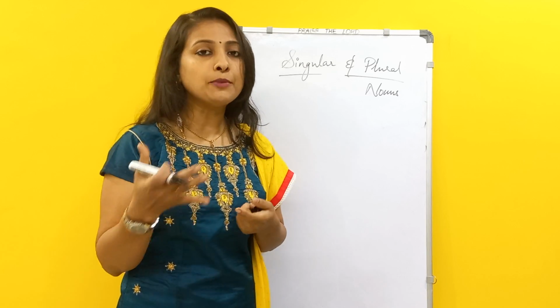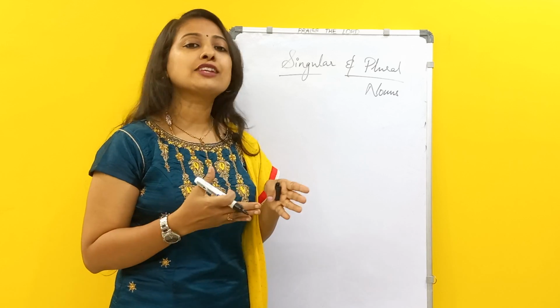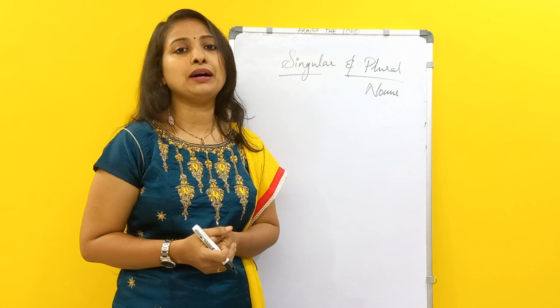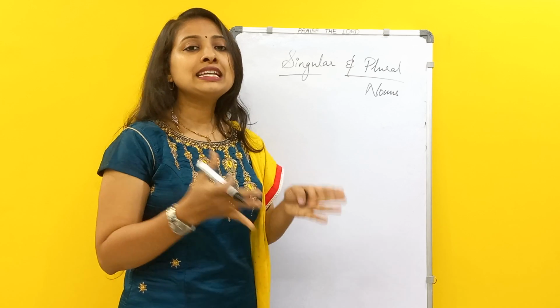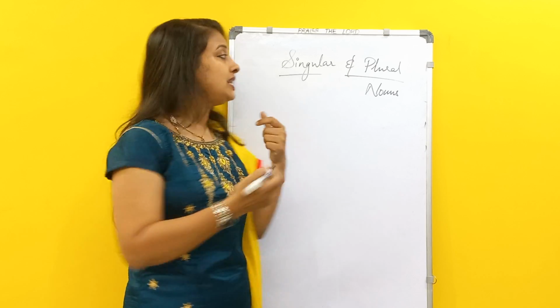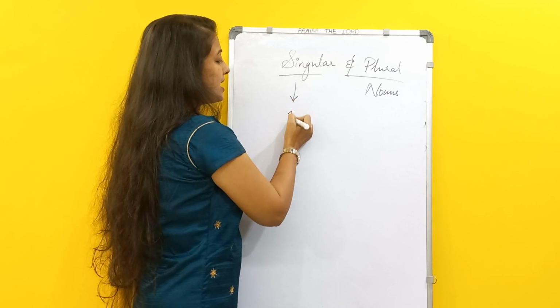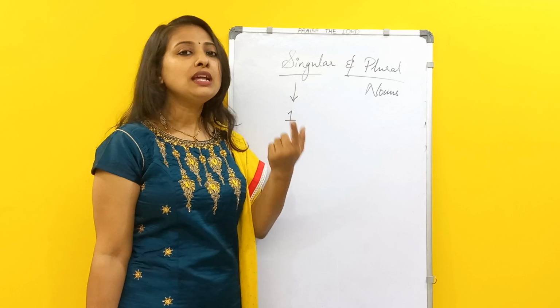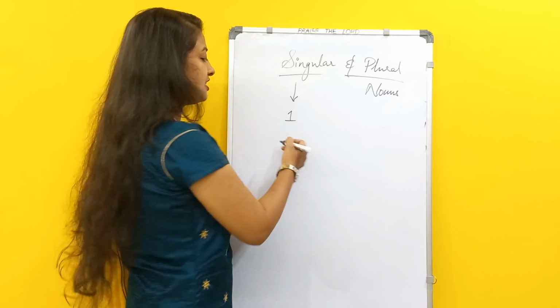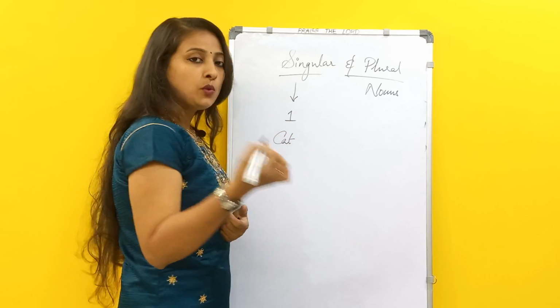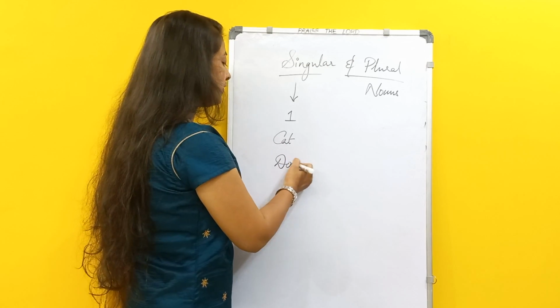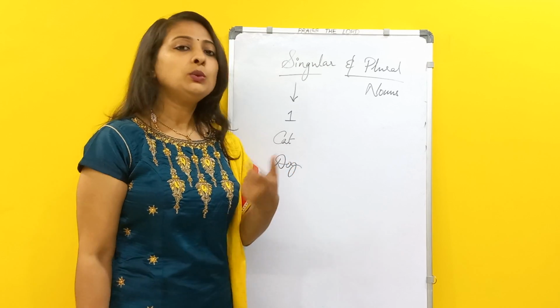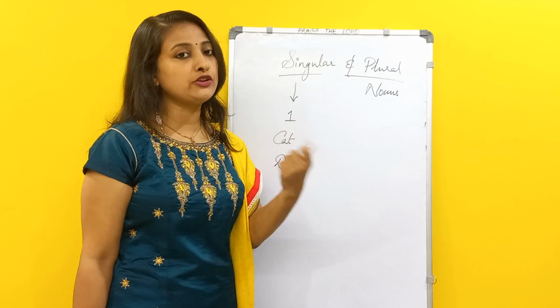Here when we are talking about singulars and plurals, it is actually the number which we are talking about. Singular means any noun which is only one. One is single, that is called a singular noun. Like only one cat, one dog. Instead of saying one every time, we'll be using the article in front of singular nouns.